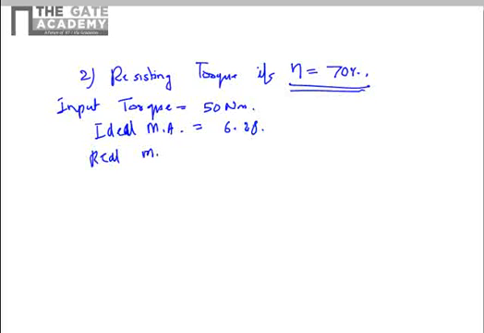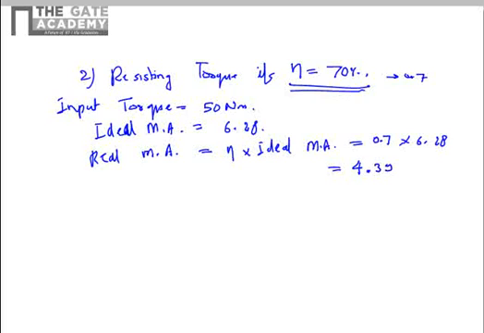So the real mechanical advantage will be equal to the efficiency of the system into the ideal mechanical advantage, that is equal to 0.7, since 70% means 0.7, multiplied by 6.28. This comes to 4.396.